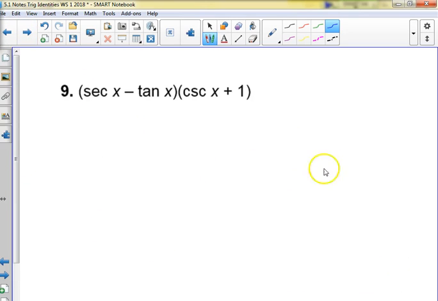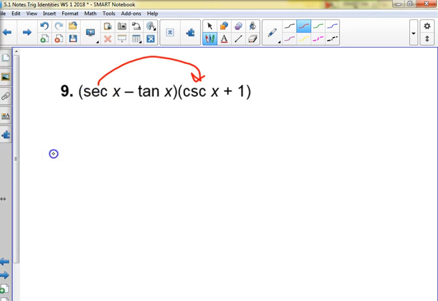All right, what do we have to do on 9? I'm thinking we have to distribute, right? We have to FOIL this all together. Can I change it as I FOIL it? Save a little.